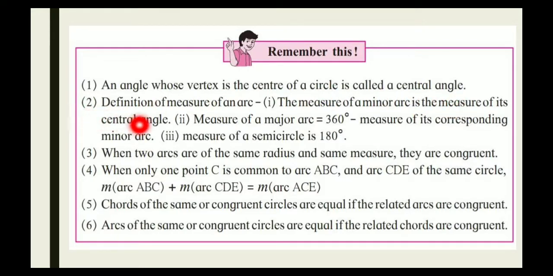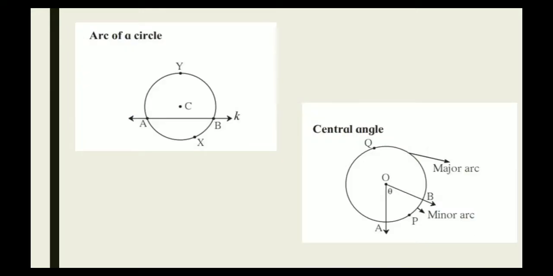The definition of measure of an arc: the measure of a minor arc is the measure of the central angle. For example, suppose the measure of a central angle is 30 degrees, then the measure of arc APB will also be 30 degrees.